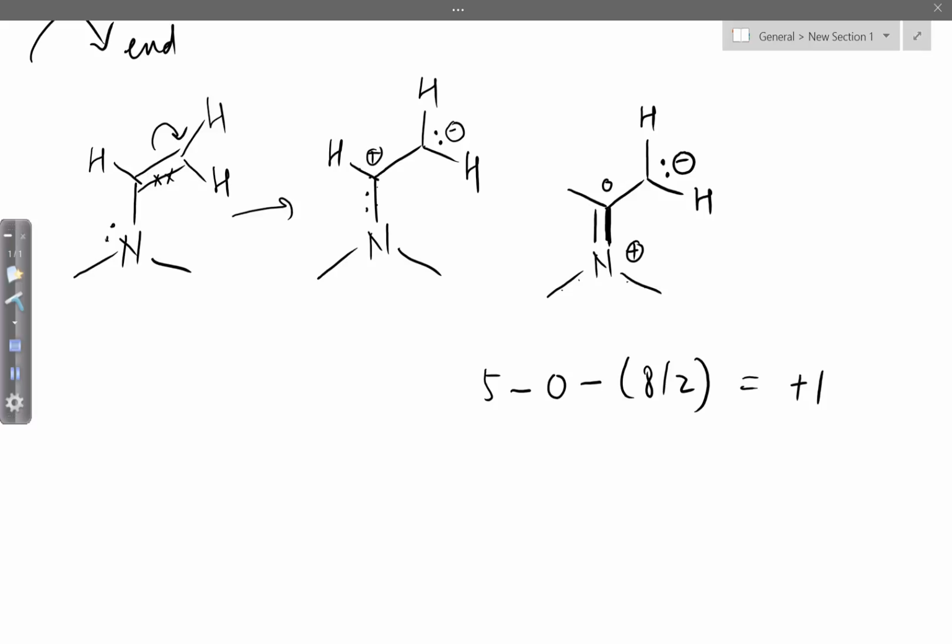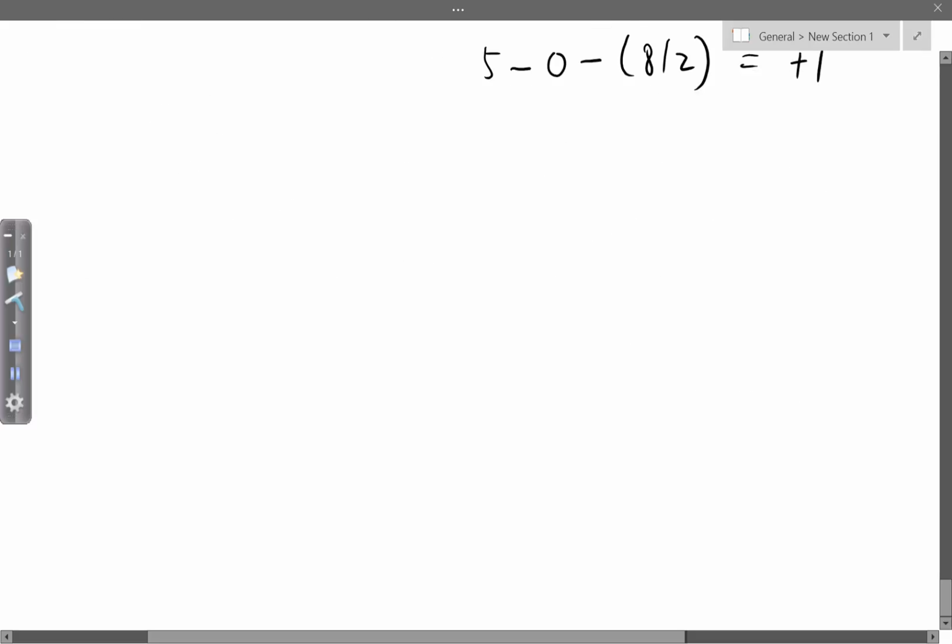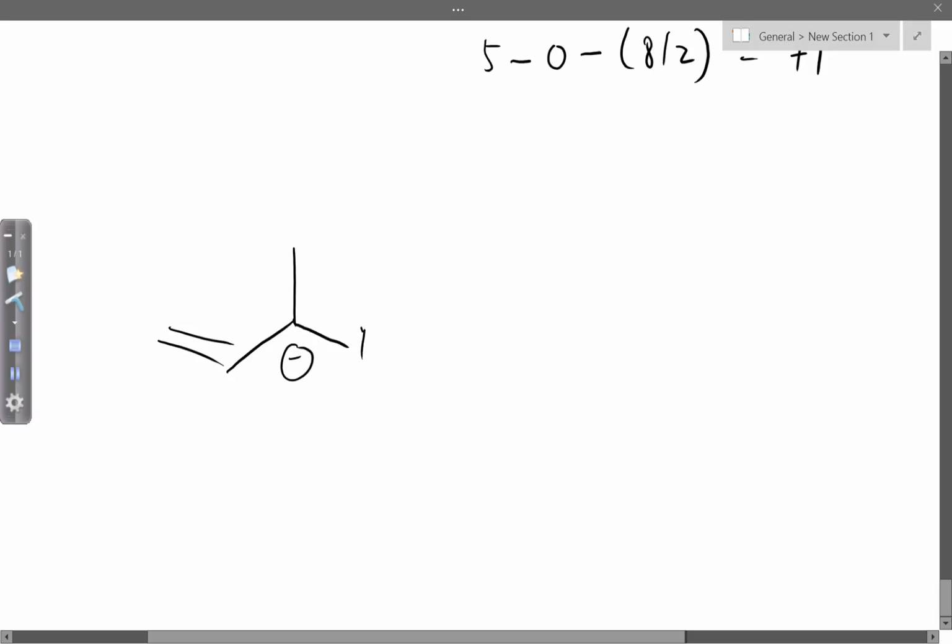For example, like this question. They're asking why this structure is more stable.